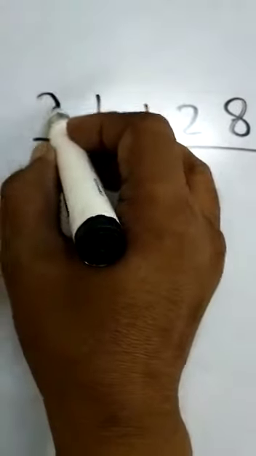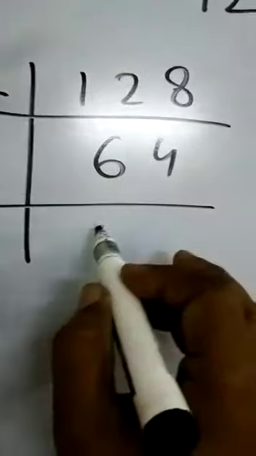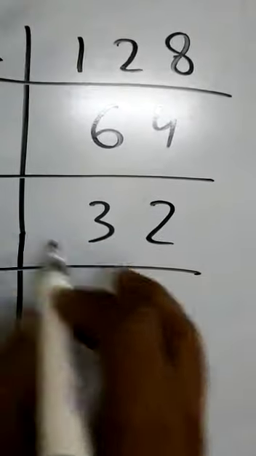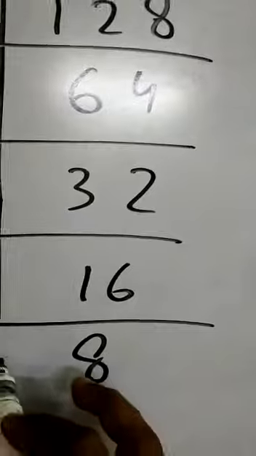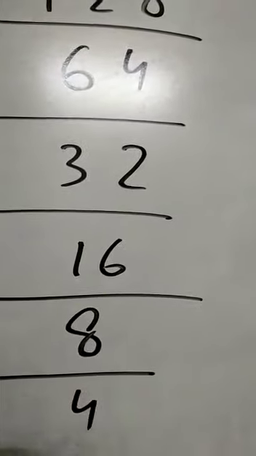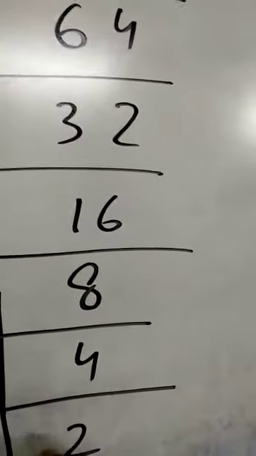See, first of all, 128 is here, so we will make its prime factors. 2 into 64, 2 into 32, 2 into 16, 2 into 8, 2 into 4, 2 into 2, and 2 into 1.